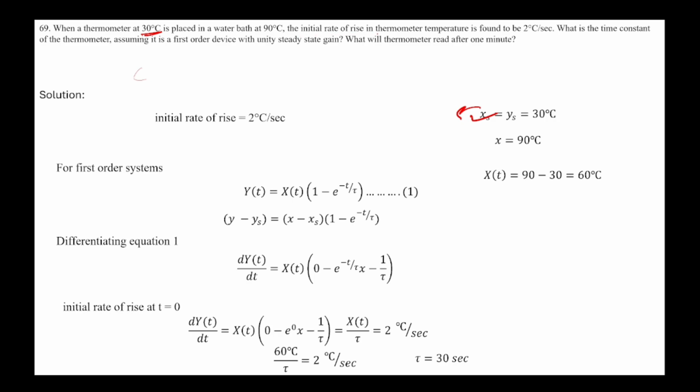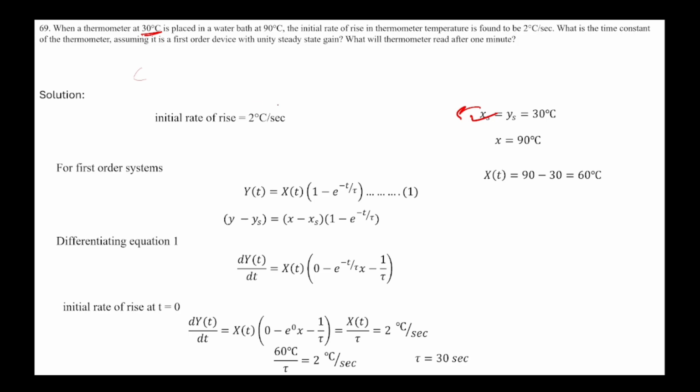Initial rate of rise in thermometer temperature is 2 degrees per second. What is the time constant of the thermometer, assuming it is a first order device with unity steady state gain? What will be the thermometer reading after 1 minute?